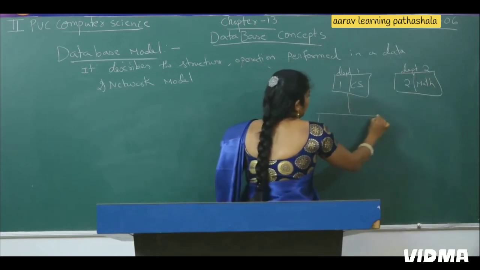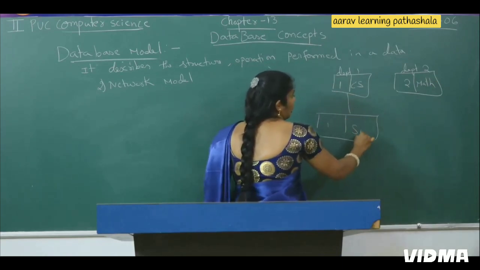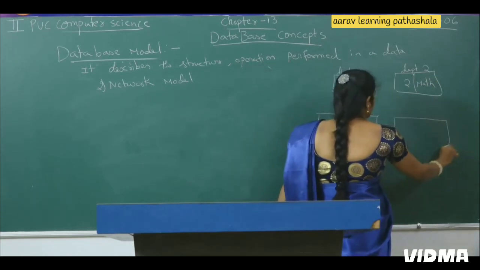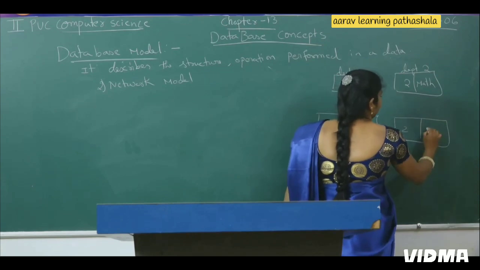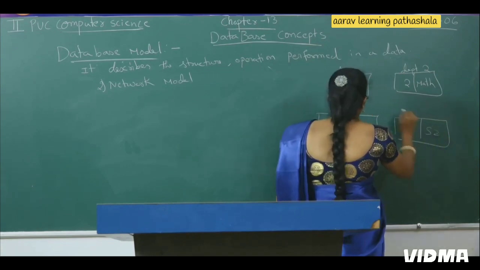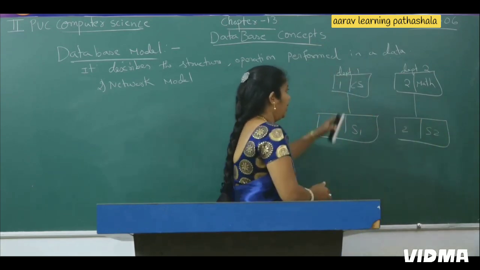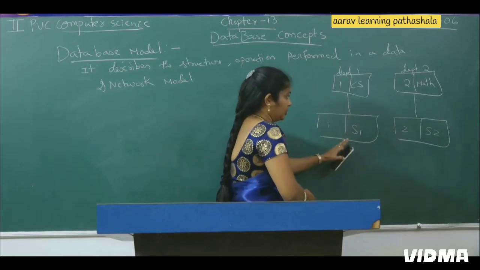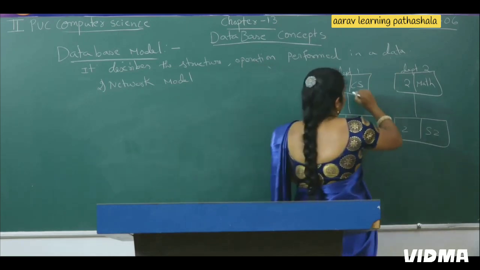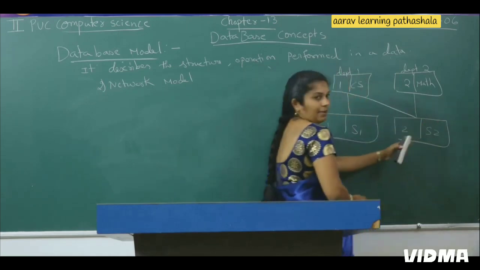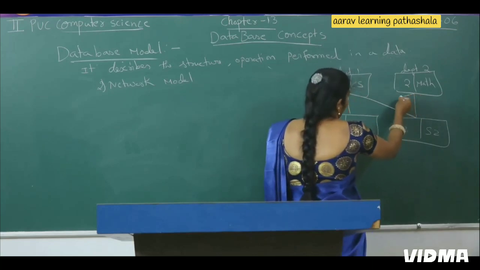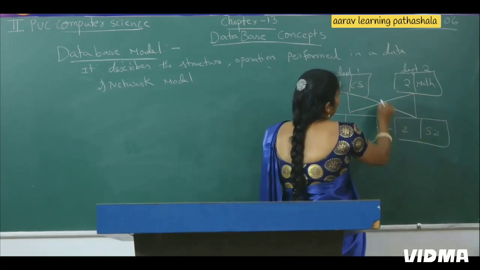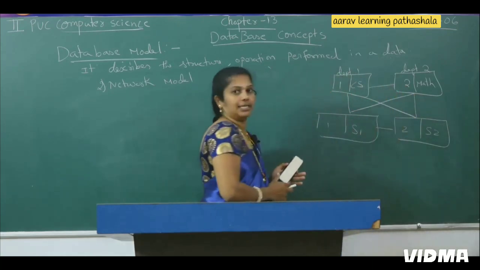This is connected to student 1 and this is also connected to student 2. For these students, we take CS as well as maths. In the same way, here all the things are connected to each other.